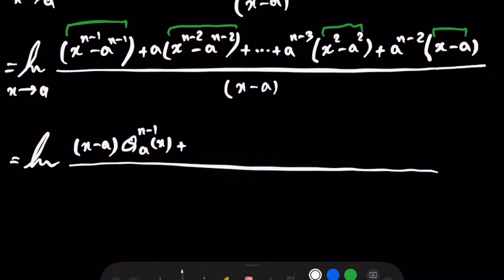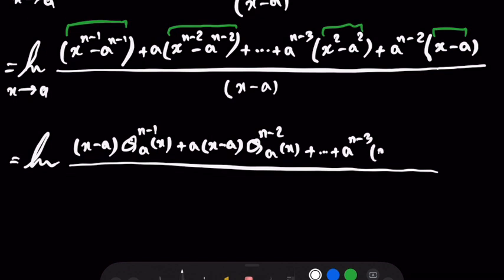It's plus a, x minus a, q n minus 2 a at x, plus a to the power of n minus 3, and it is x minus a times x plus a, and the last term is just a to the power of n minus 2 times x minus a.